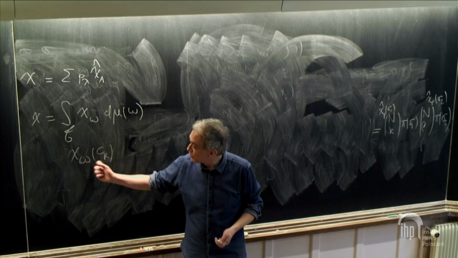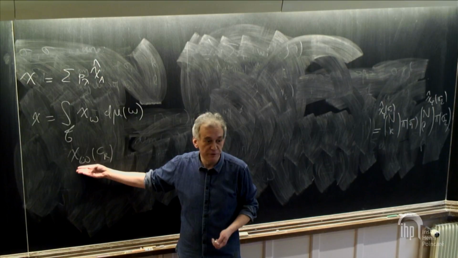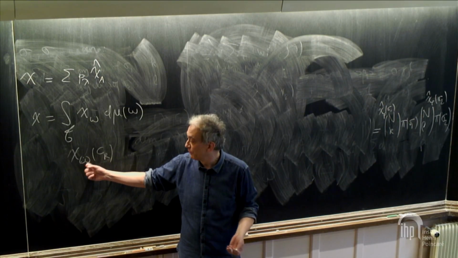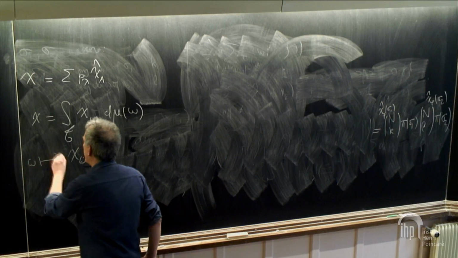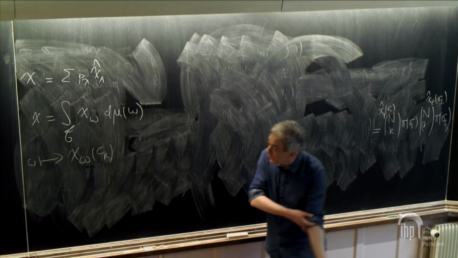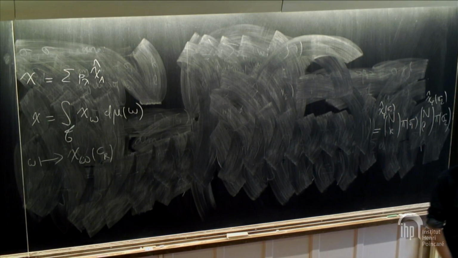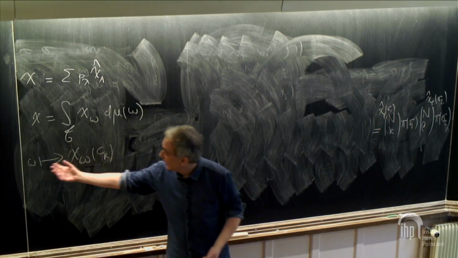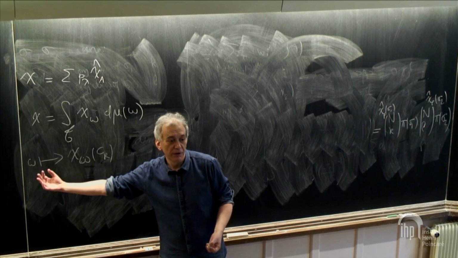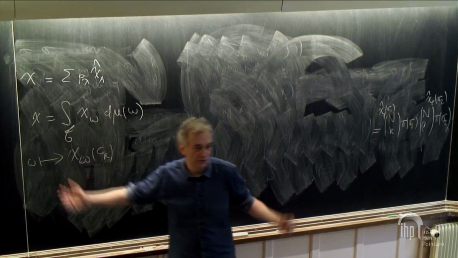These are its moments. If you know all the moments of a probability measure, you know the probability measure. So this map, which associates to omega the value of the Thoma character on the cycle, is a continuous map on the Thoma simplex, and it separates the points. So if you know the integral of all these functions, which separate the points, you know the integral.